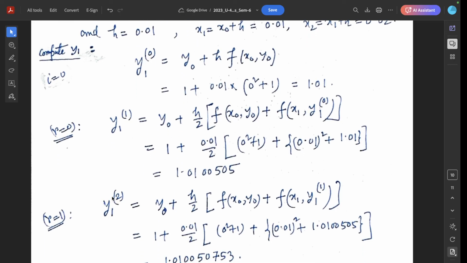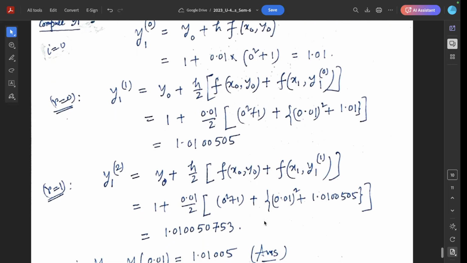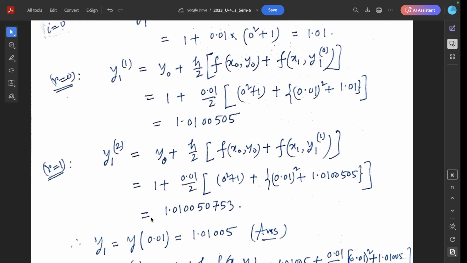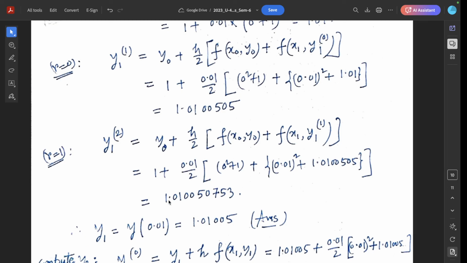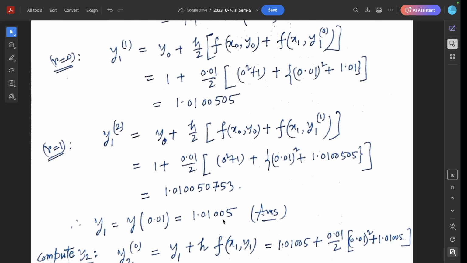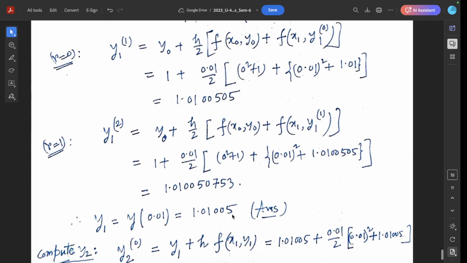And second approximation for y1 is 1.010050753. So y1, that is the y at the point x1, value of x1 is 0.01, equal to 1.01005, correct to 5 decimal places.